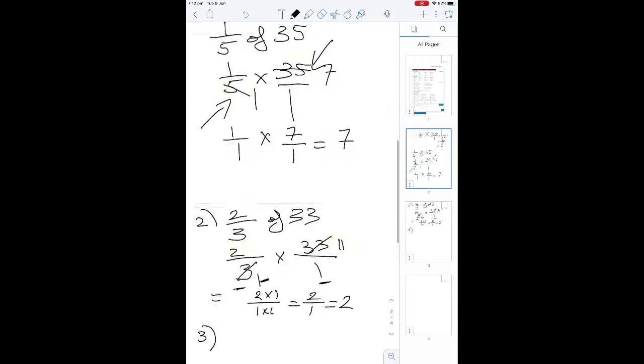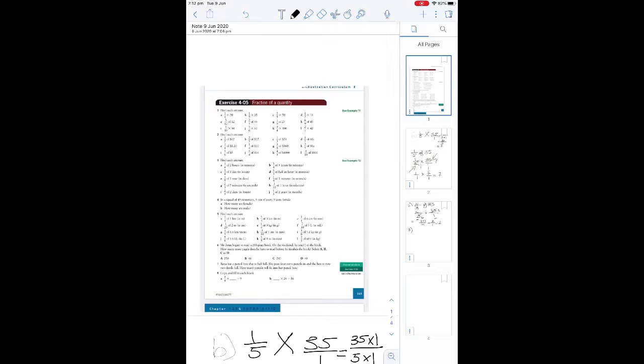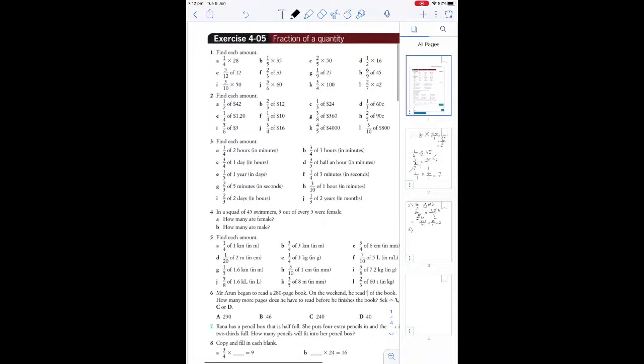I've done probably many examples and they're all pretty much the same, so let's do one from question 3. Let's do F, which states a quarter of 3 minutes, and they want the answer in seconds. Be careful. As you can see, they want the answer in seconds.